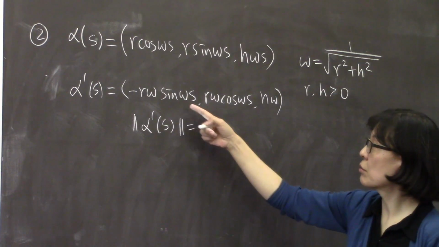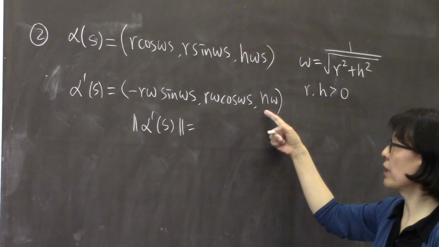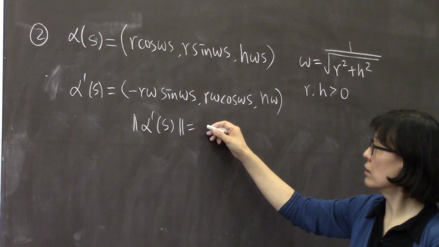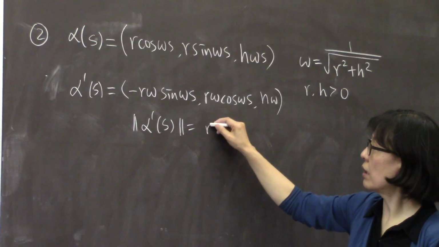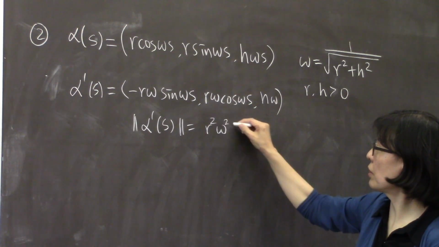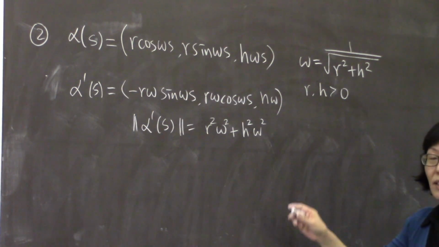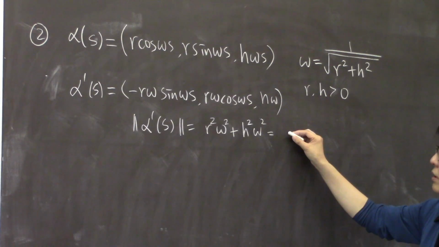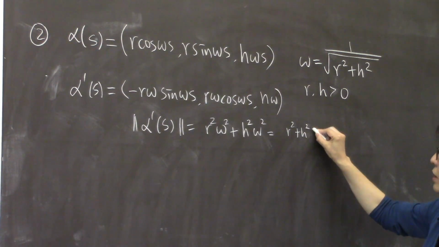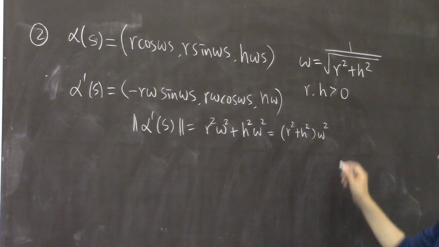The square of that plus the square of this plus the square of that, right? So it's R squared omega squared plus H squared omega squared. So R squared plus H squared times omega squared.